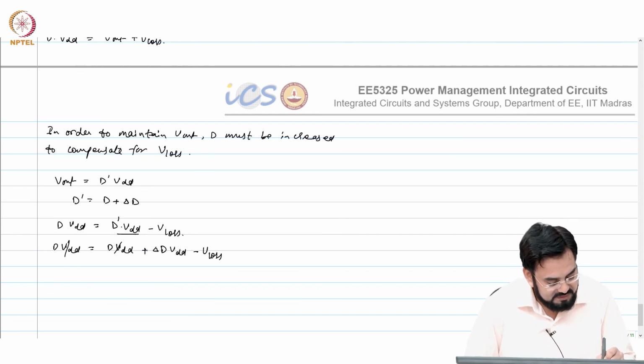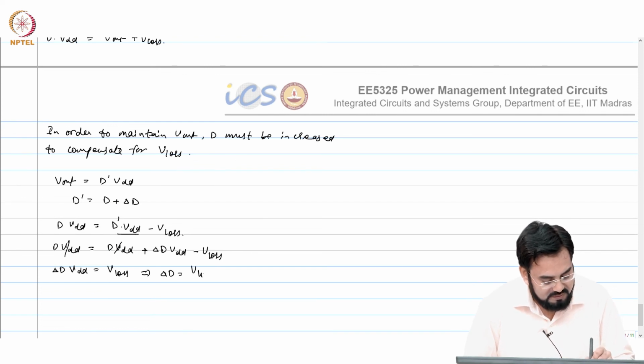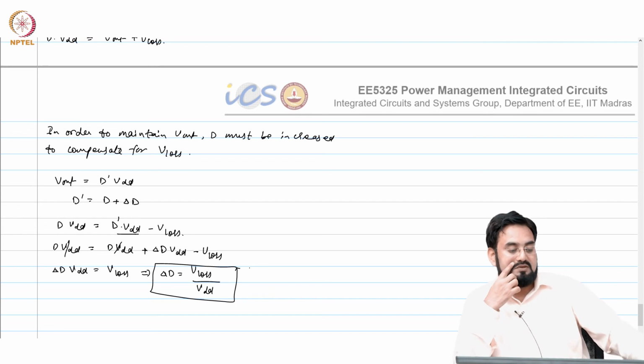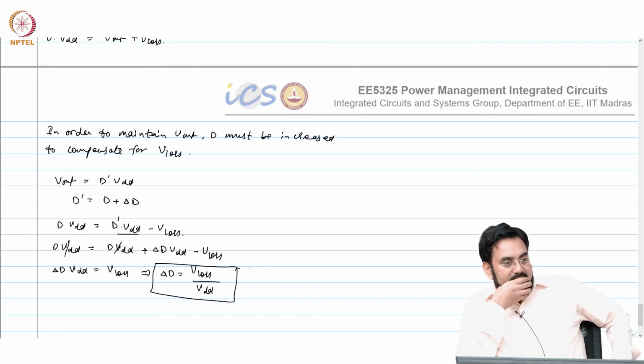This was plus, that's why. So delta D VDD equal to V loss, this implies delta D equal to V loss over VDD.